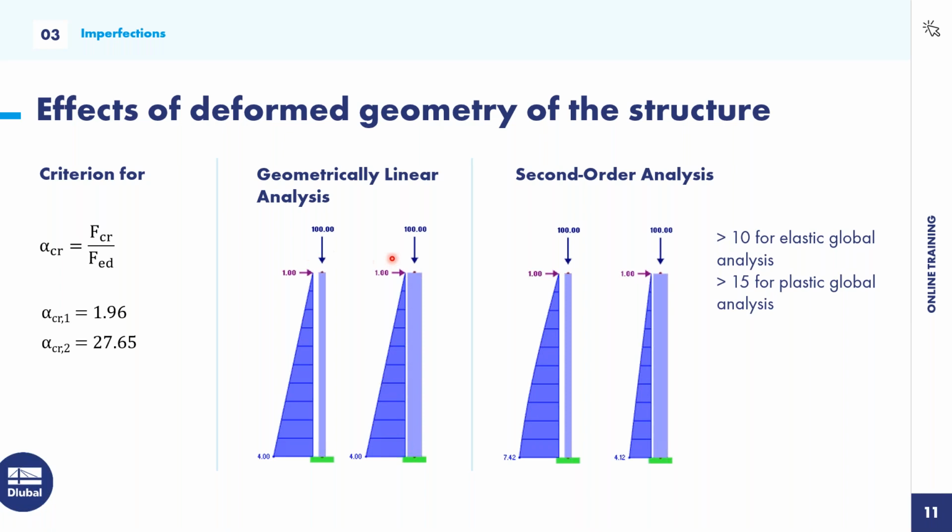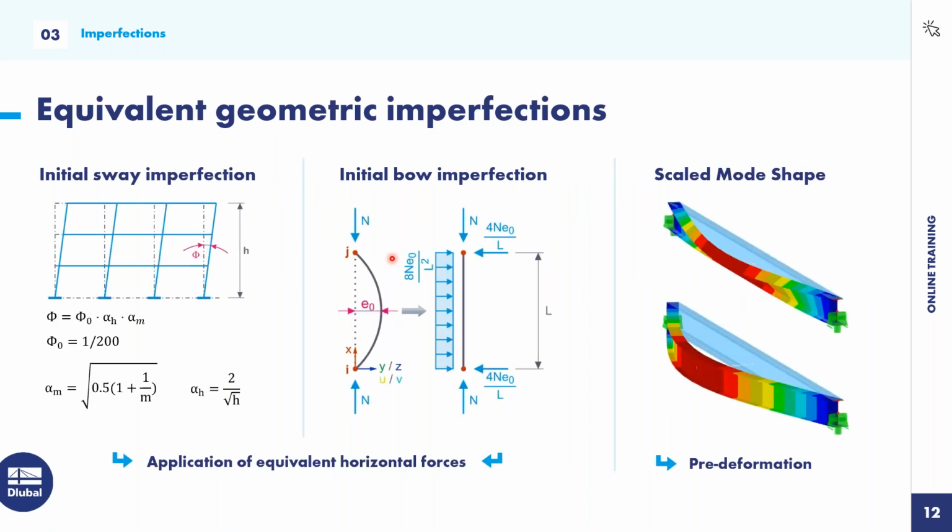Okay, why do I tell you this? Because this always has something to do with imperfections. So in general, what are imperfections? Imperfections are manufacturing related deviations in the model geometry and in the material properties. So what could it be, for example? Real misalignments or tolerances in the production.